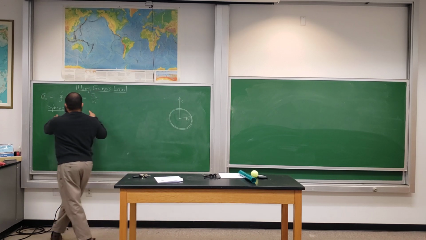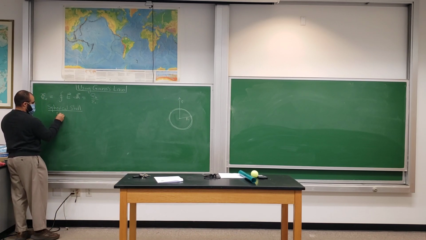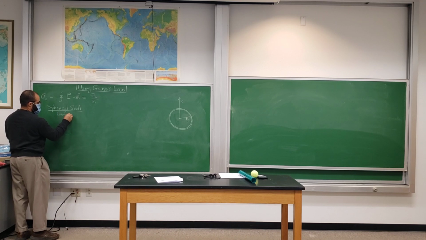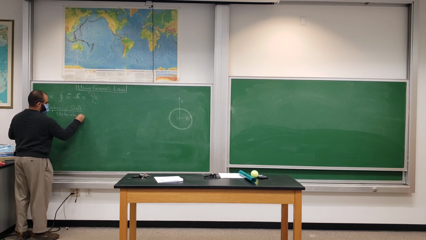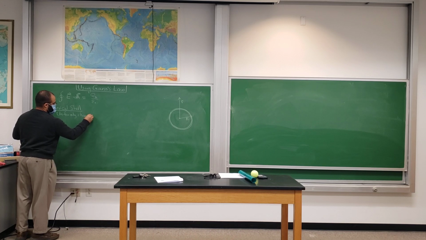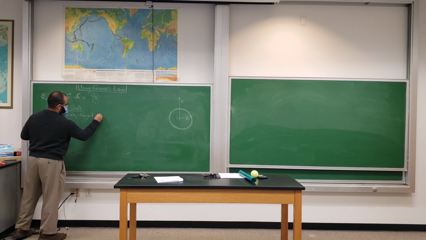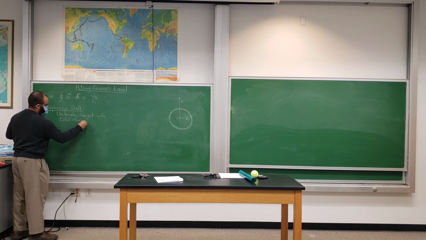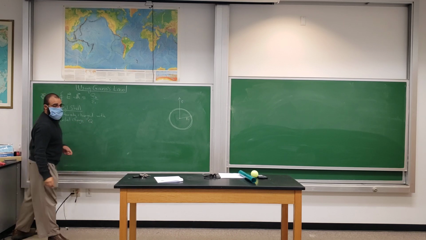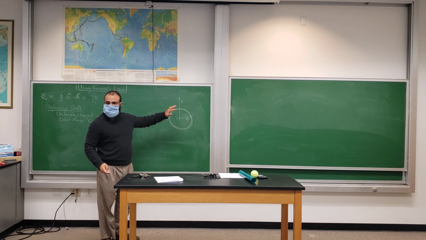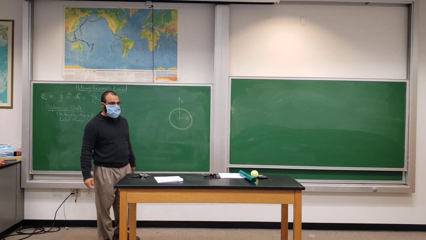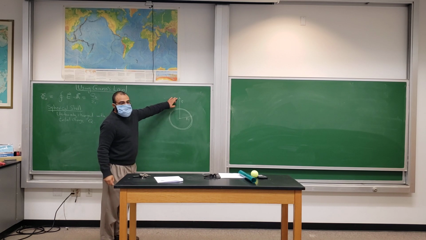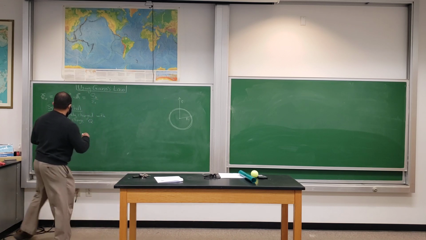It's uniformly charged with total charge Q. So the total charge on this spherical shell is capital Q. And the question is, what is the electric field at r greater than R?